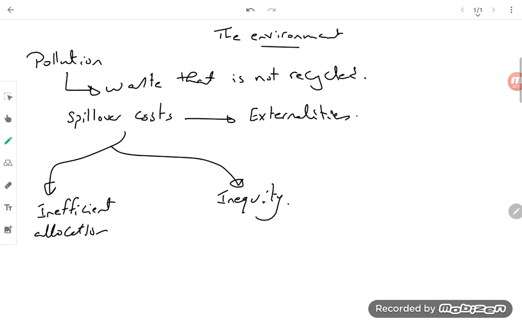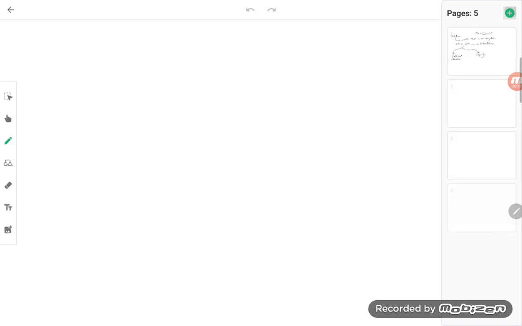So first of all, let's define externalities or spillover costs. What's meant by externality?